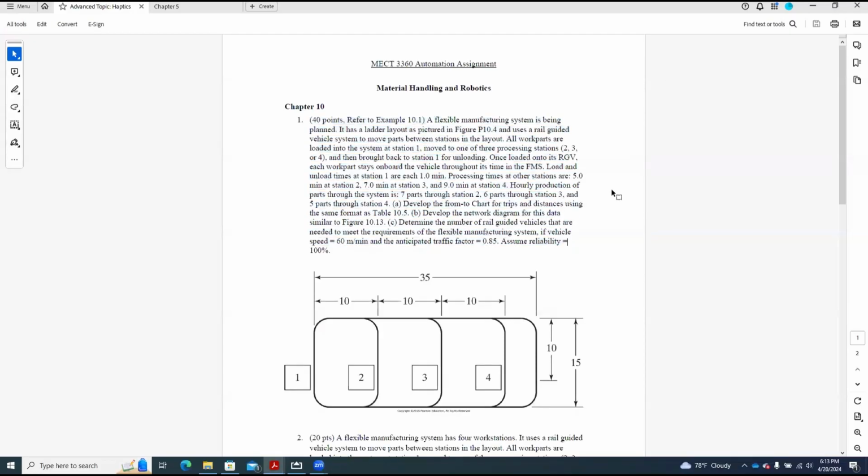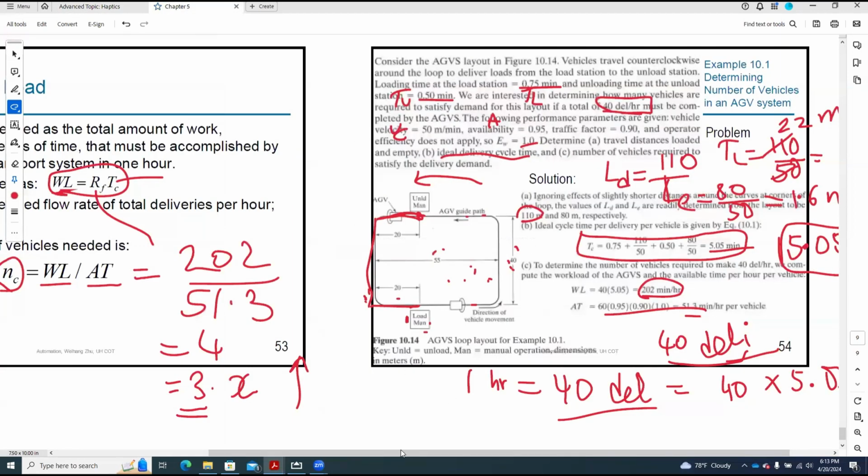All right, so welcome back to this week 13 lecture. We're solving the numericals for material handling, and here we are trying to find out the number of vehicles we need to deliver certain deliveries per hour. We looked at these numericals.